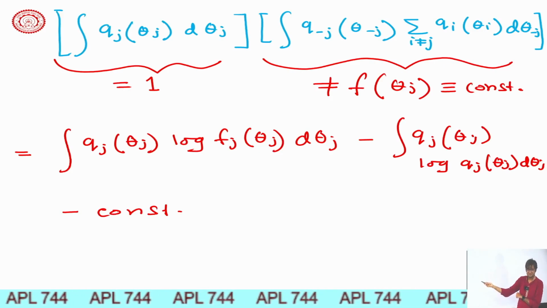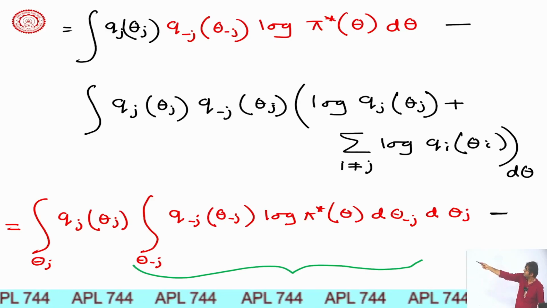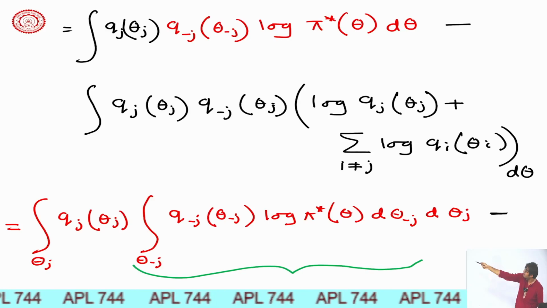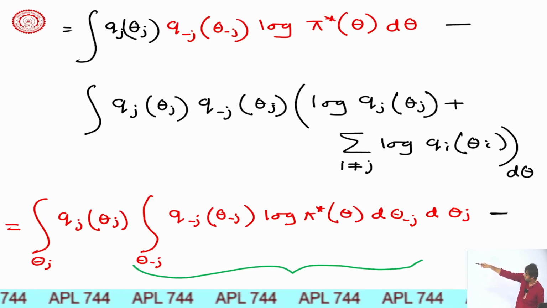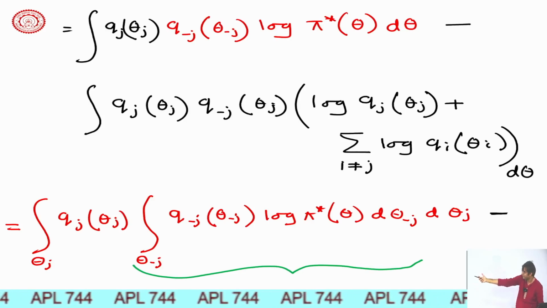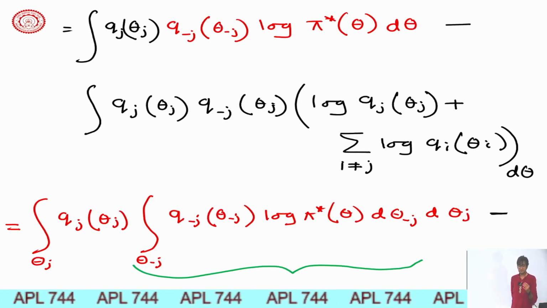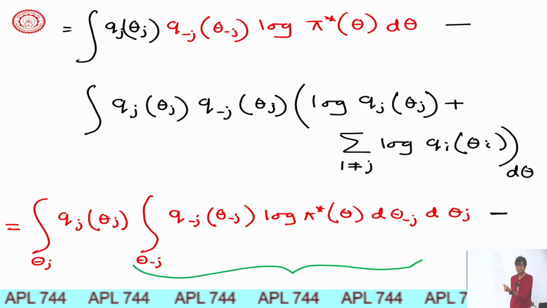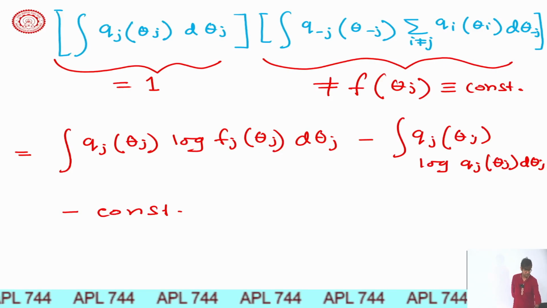And what is fj? Log of fj is actually this term. Where is that? I wrote somewhere, right? Yeah, that term, the green one. What is that equal to? If you think about it, that is log of fj. So fj is equal to exponential of log of fj, so you can add an exponential to that. Just to complete things, I will give you the answer.